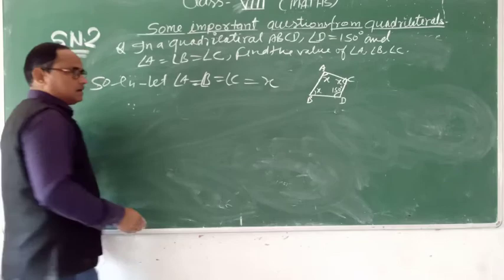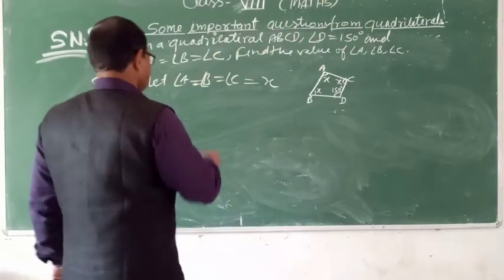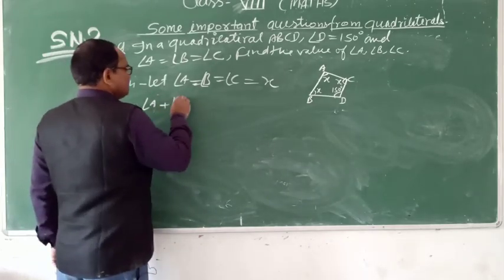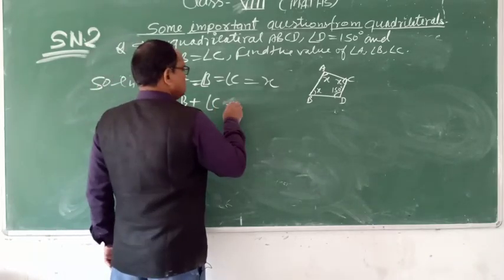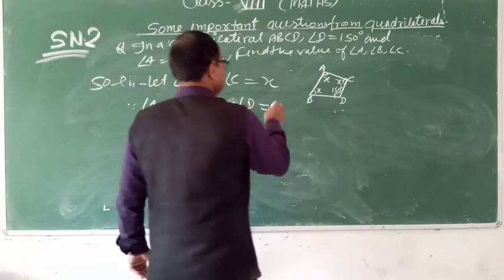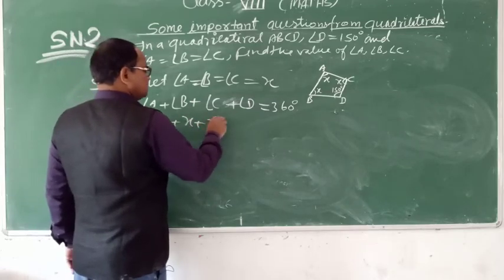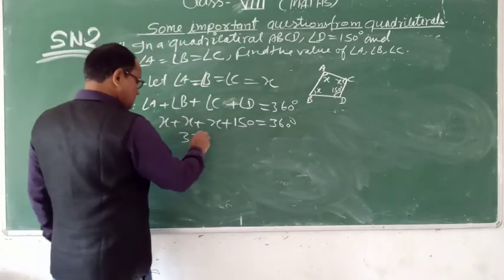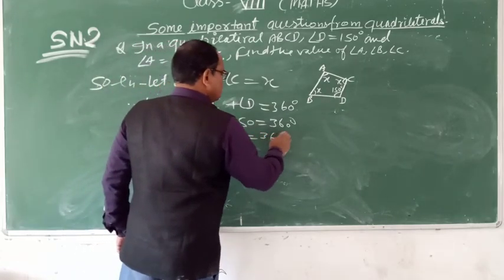since in a quadrilateral the sum of all angles is equal to 360 degrees, therefore angle A plus angle B plus angle C plus angle D is equal to 360 degrees, and here x plus x plus x plus 150 is equal to 360 degrees. Here the sum of all gives 3x, and 3x plus 150 is equal to 360 degrees.